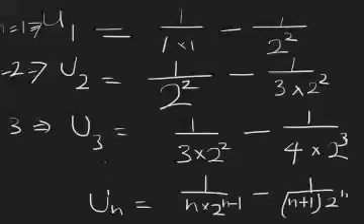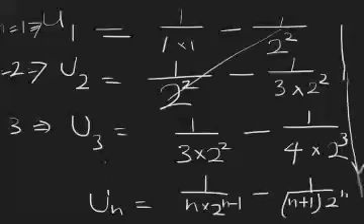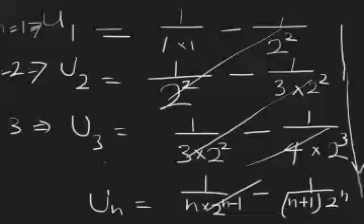When you sum these all up, you can cross these off. And finally, what are the remaining terms?